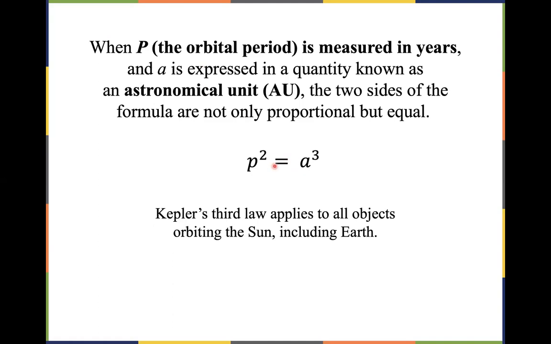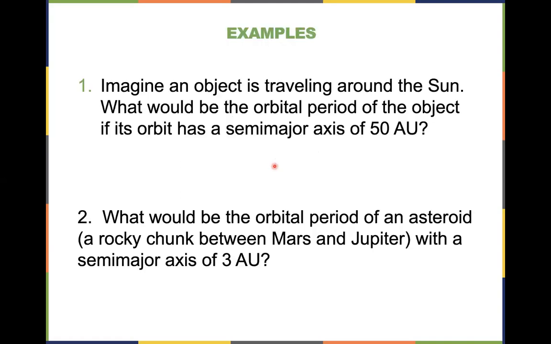This is a very important finding, and I expect that you can use this and solve problems. This is a very simple calculation, and Kepler's third law applies to all the objects that are orbiting around the sun, including Earth.